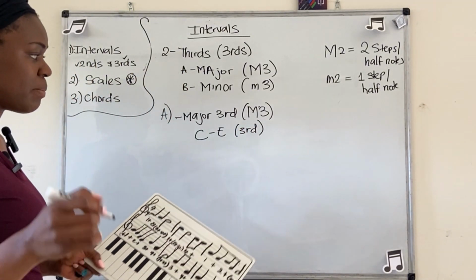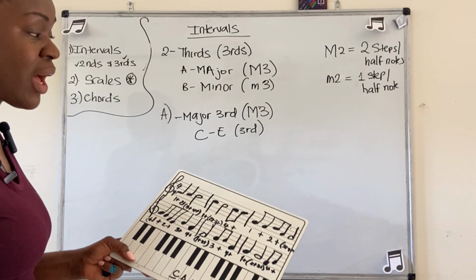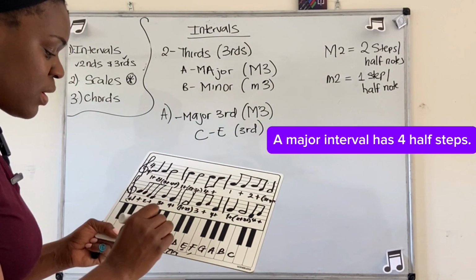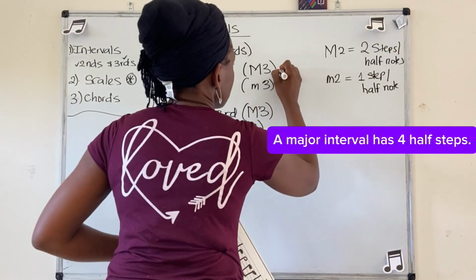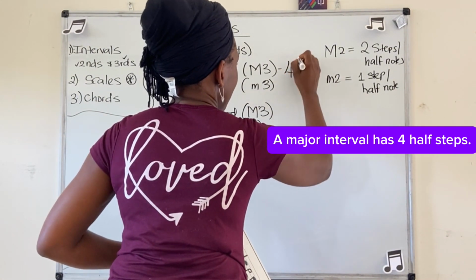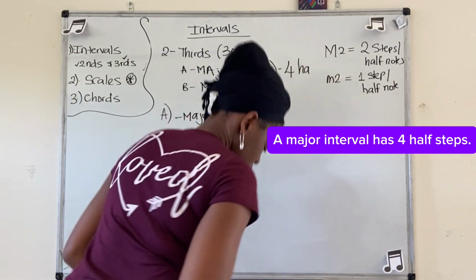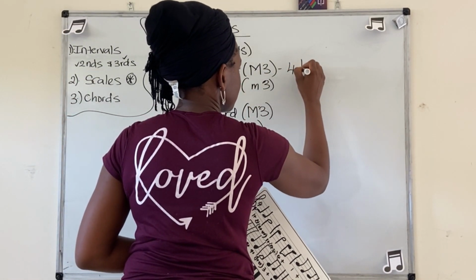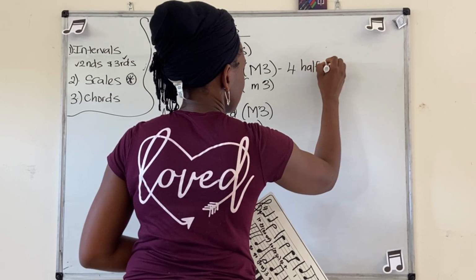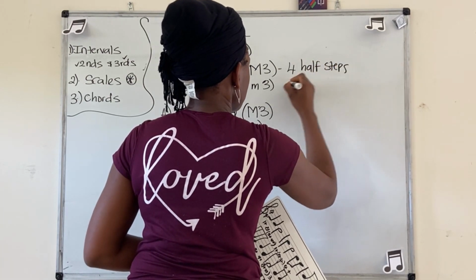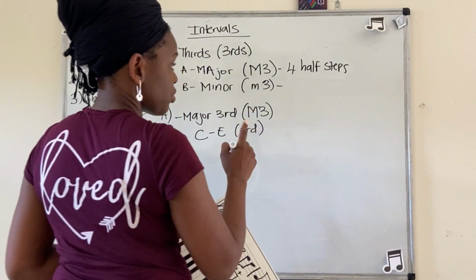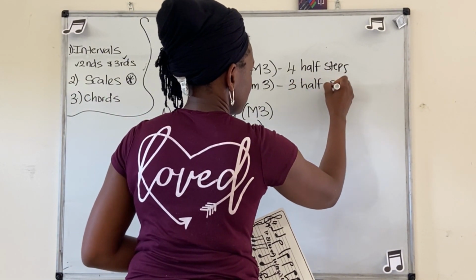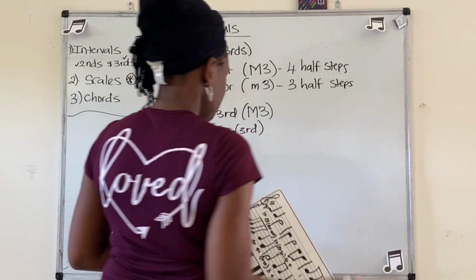To be able to know if it's a minor or major third, we count the number of steps that we have. A major third has 4 half steps. Meanwhile, a minor third has 3 half steps.